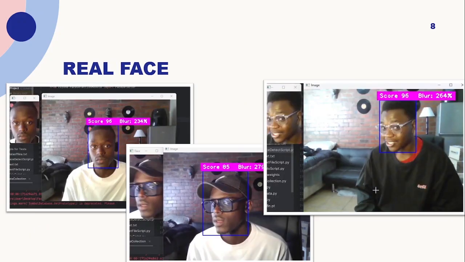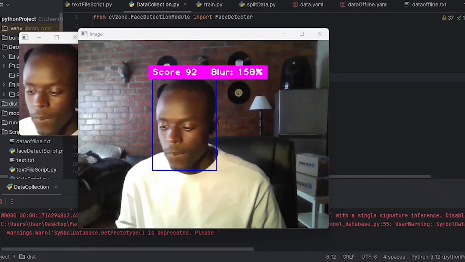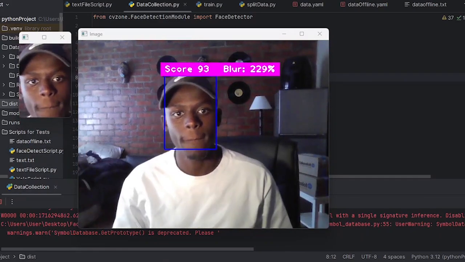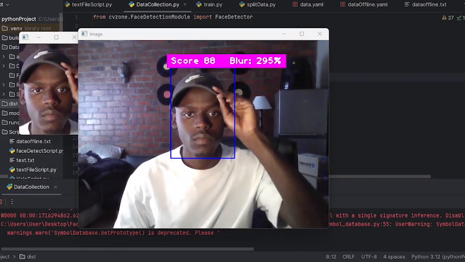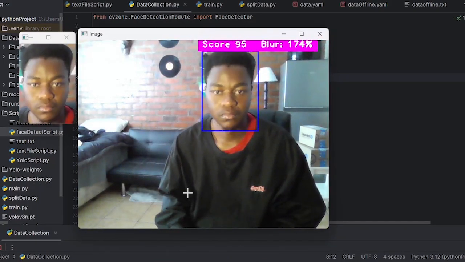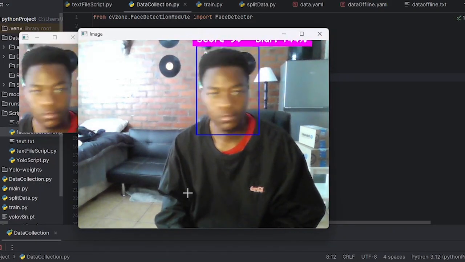For the real face, here are some examples of what it looked like to collect the data. As you can see, some are just my face, some have glasses and hats on for the people that would be wearing those, and there are some other faces that are part of the data set.